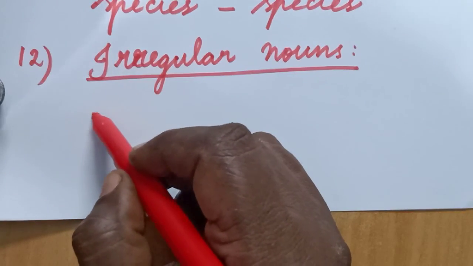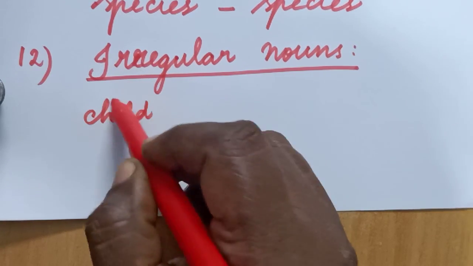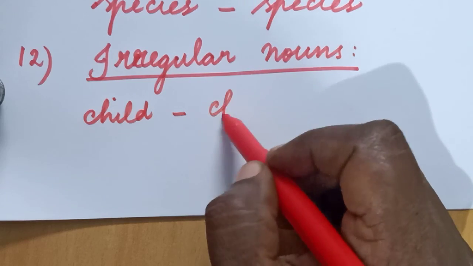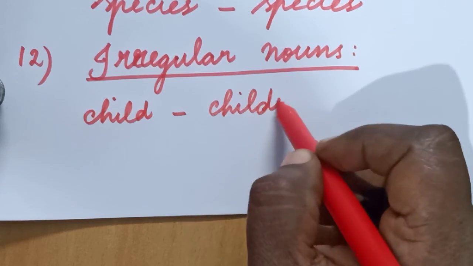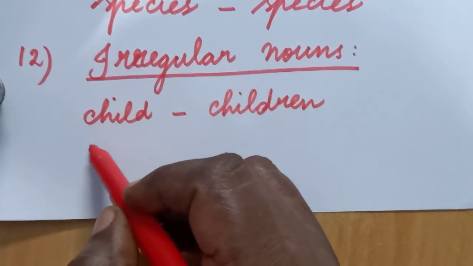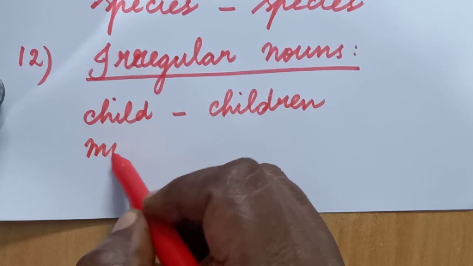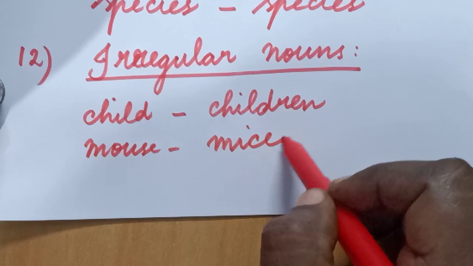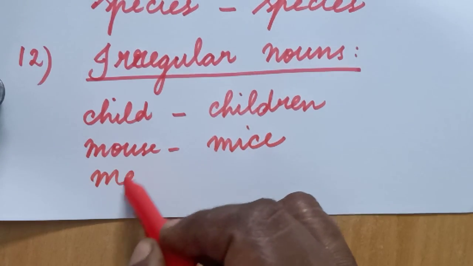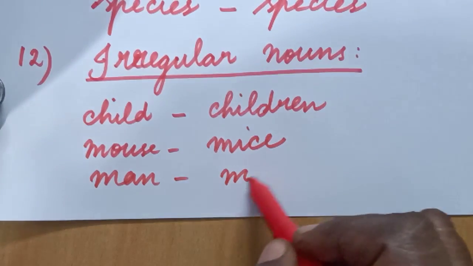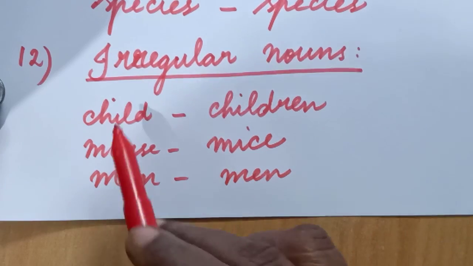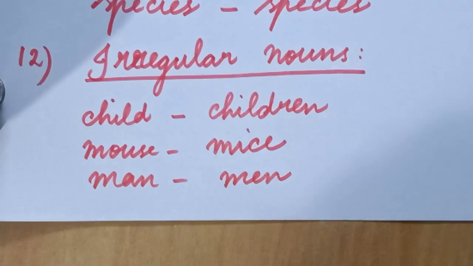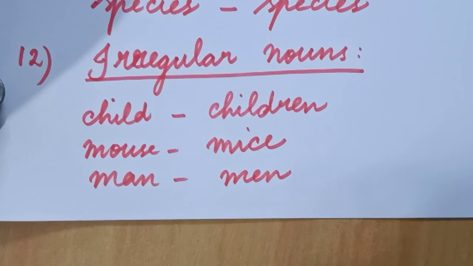Just you can see here, child. Singular. What is the plural form? Children. Then mouse, mice. Man, men. So like this will not follow any set of rules. This is called irregular nouns.